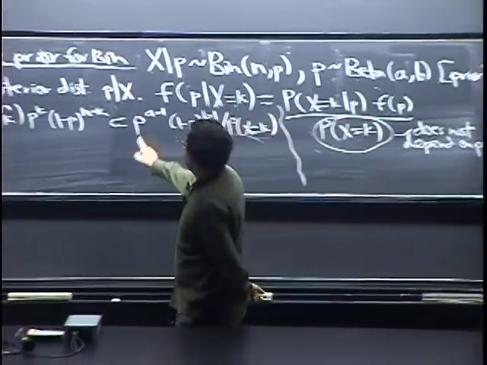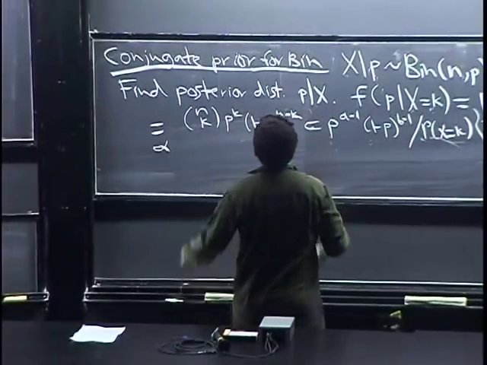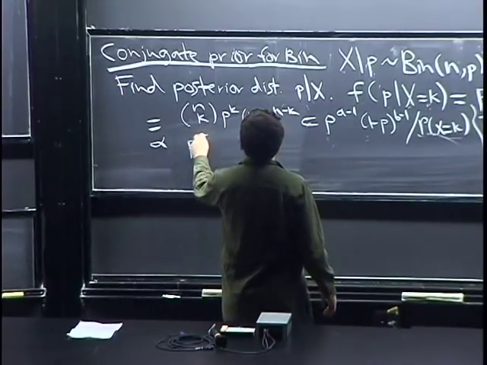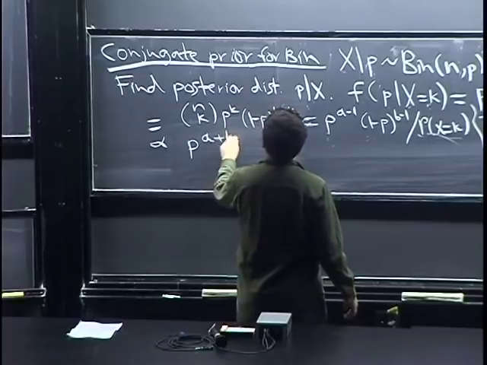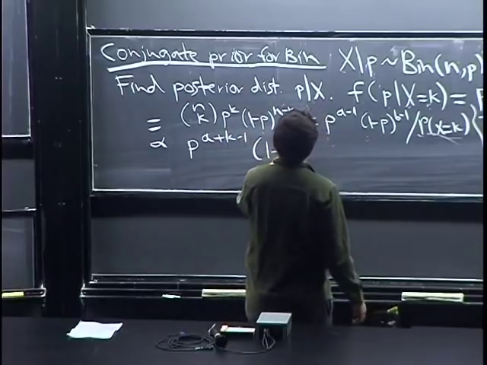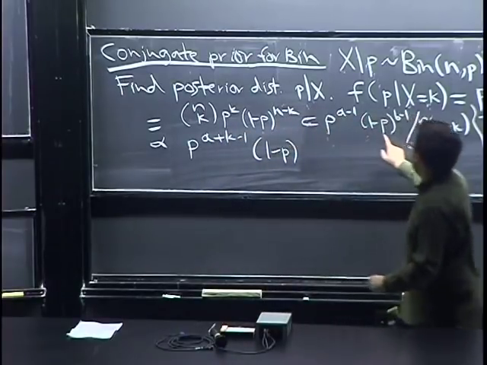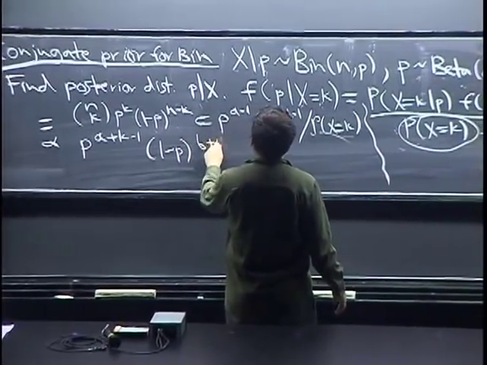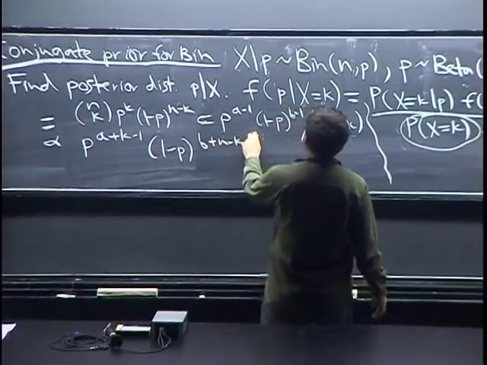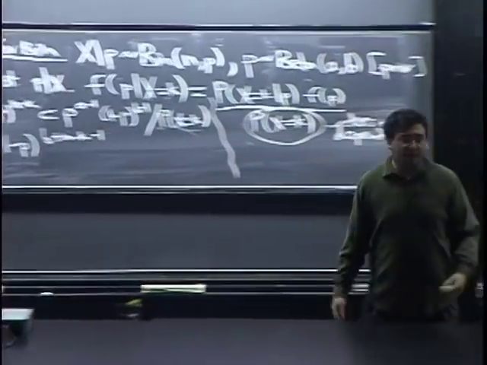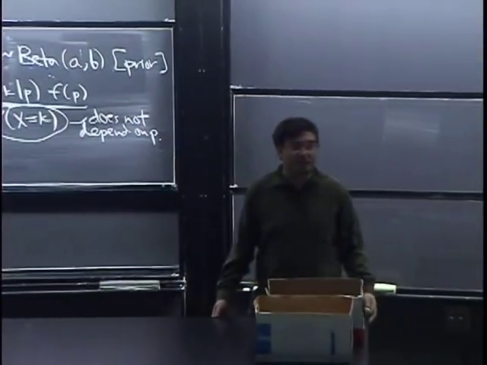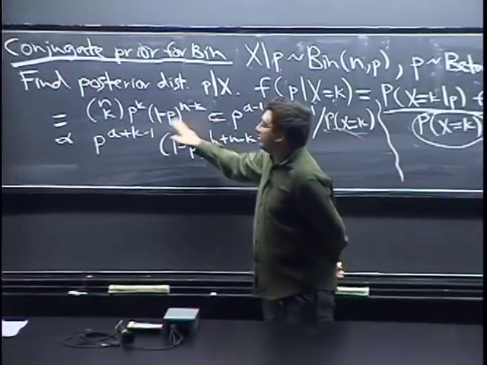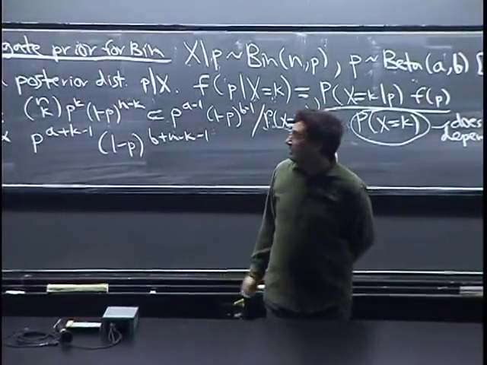So all that's left is just P to a power, (1 minus P) to a power. So we have P to the a plus k minus 1 times (1 minus P) to the b plus n minus k minus 1. And then that immediately tells us the answer. We didn't have to do any complicated calculations at all. I just grouped the P's together, the 1 minus P's together, and ignored the constants.